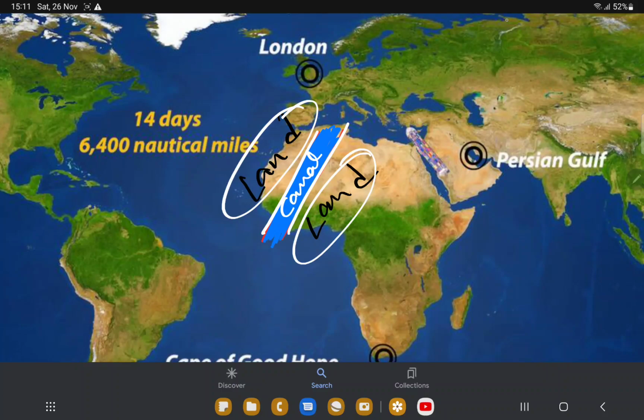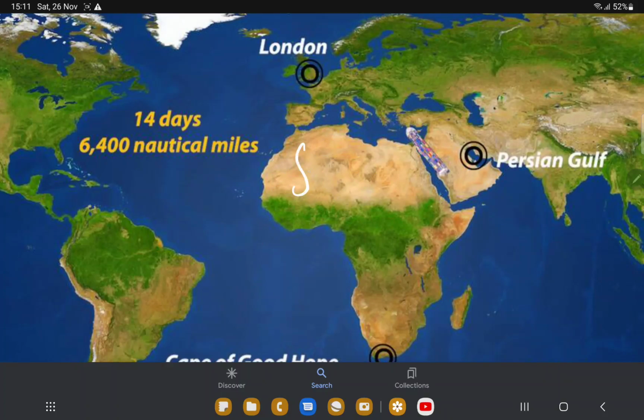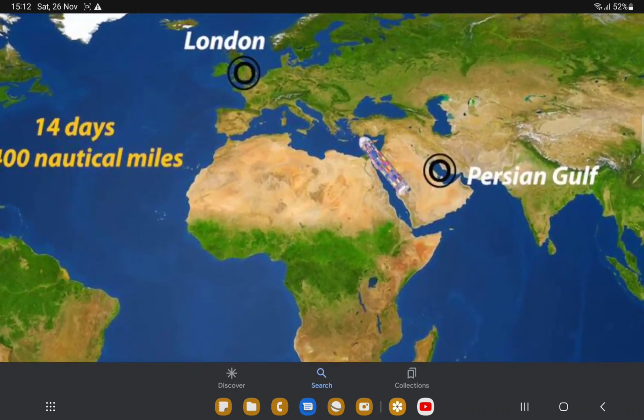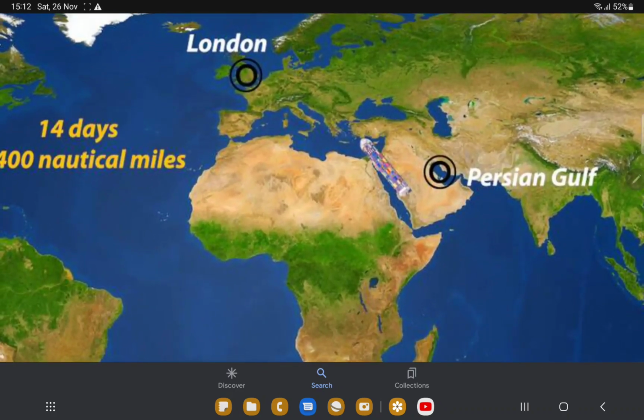Among them, the most famous canal is the Suez Canal. It is present in Egypt. If you see here, it is present here.